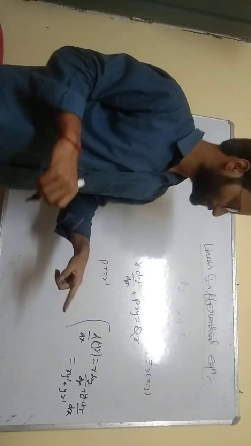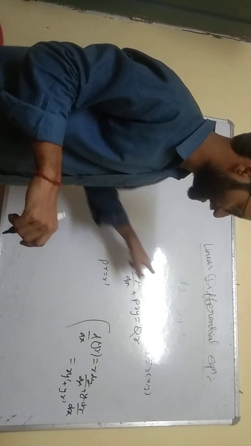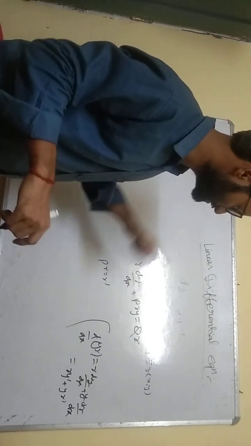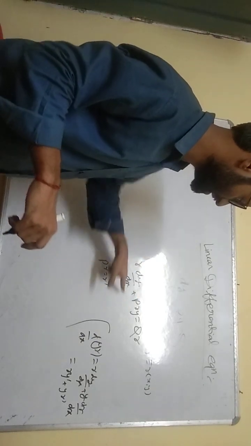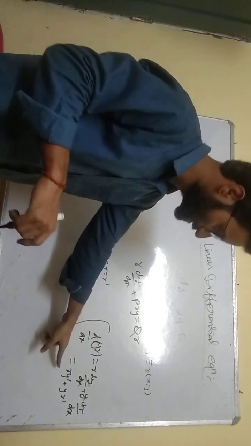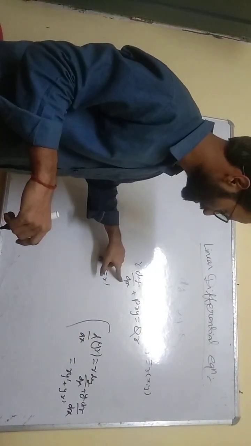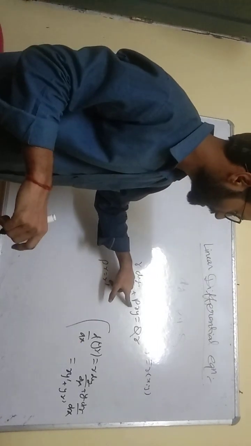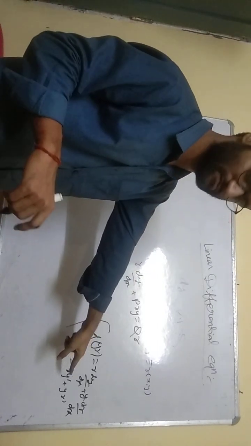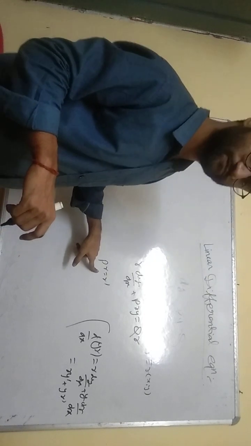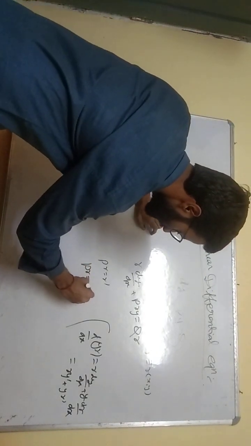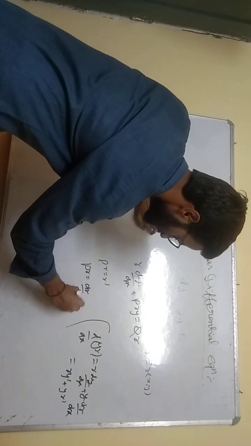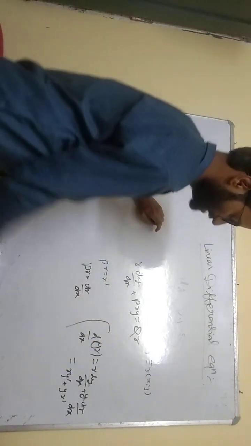You are getting my point? I want to make this an exact differential equation, and for that it is important that I consider it like this. If I want to make this one exact, I will have to approach it like this. So r y dash plus, and p r is equal to r dash. Now p r is equal to dr by dx.